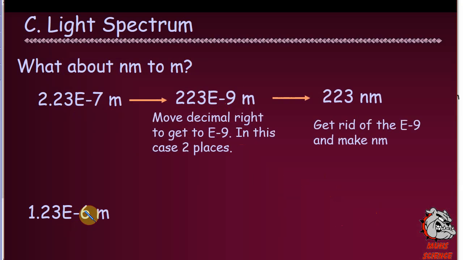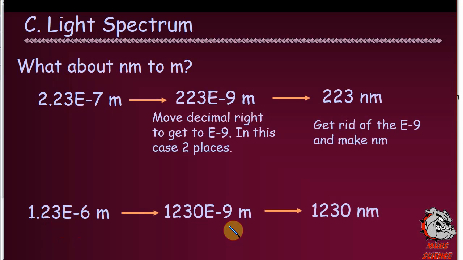On this bottom one, it's e-6, so we would have to move the decimal to the right 3 times, and we get 12.3, 123, and then finally 1,223 times 10 to the minus 9th, which is going to be this. So 1,230 nanometers.